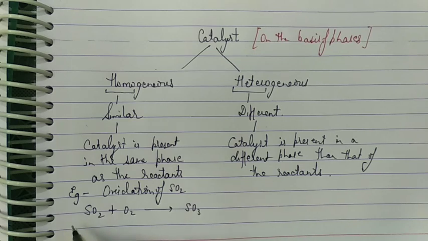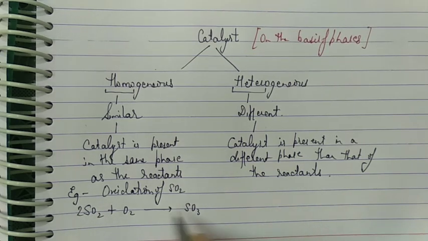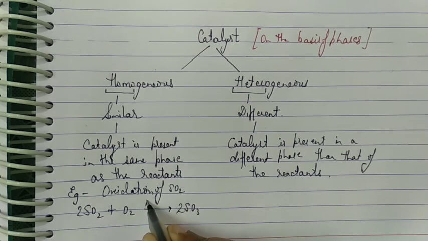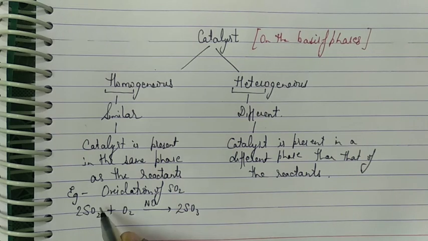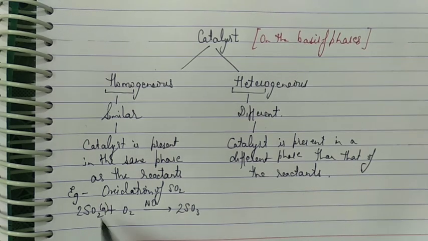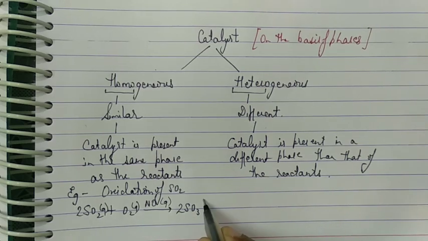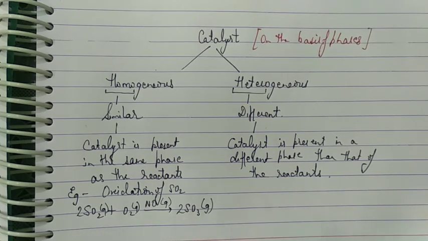Let us balance the reaction here: 2 and 2. Here in this reaction, the catalyst which is used is nitric oxide, and you can see all the reactants, the catalyst and the product are present in the same phase.